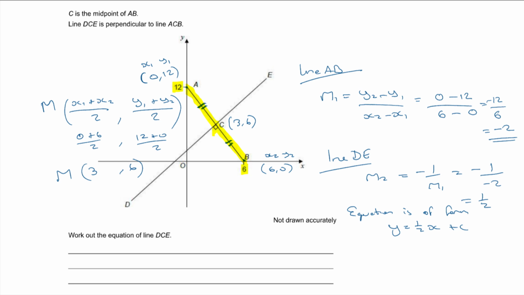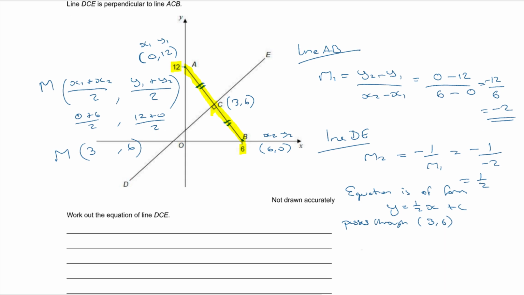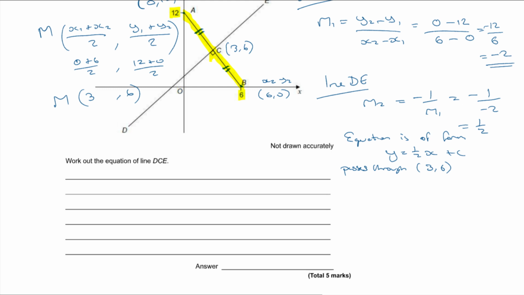Right, so I know then that the line passes through (3, 6). Okay, and so if I sub that in, then 6 is equal to a half of 3 plus c. So a half of 3 is 1.5, and 1.5 taken away from both sides is 4.5, isn't it?